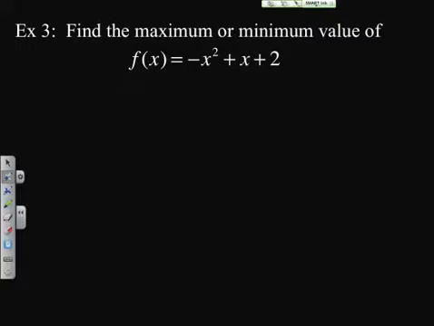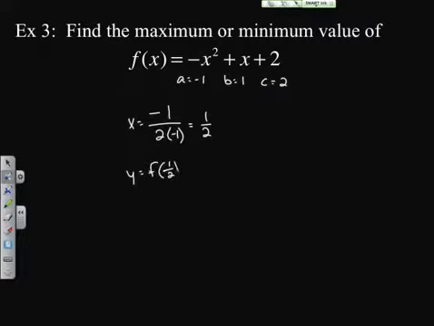So looking at this, we know a is negative 1, b is 1, and c is 2. So x will equal the opposite of b over 2 times a. So that means x equals 1/2. Now that's the x value for the vertex. The y value is going to be when we plug in 1/2 to the function. So f of 1/2 equals negative 1/2 squared plus 1/2 plus 2.